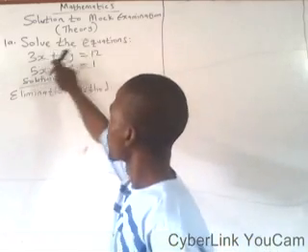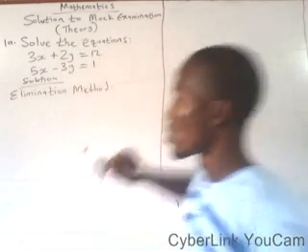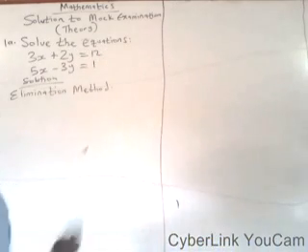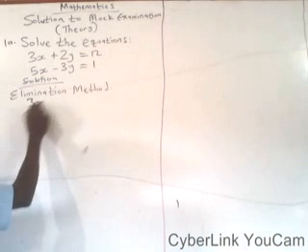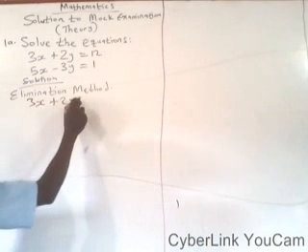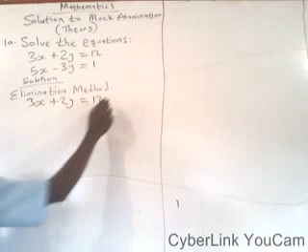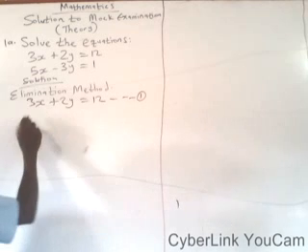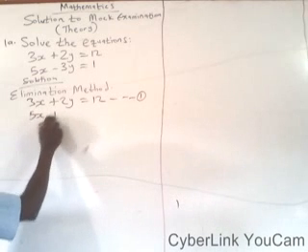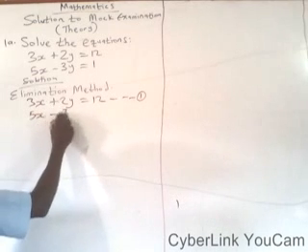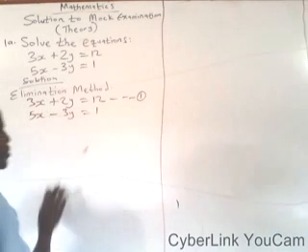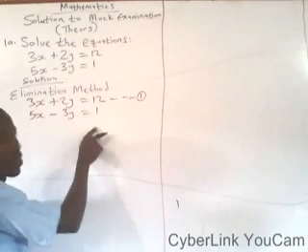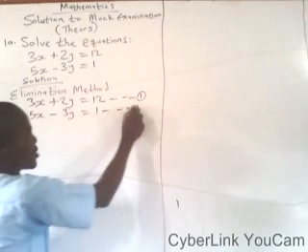Now we have 3x plus 2y is equal to 12. I am going to consider this as my equation 1. We also have 5x minus 3y is equal to 1. I will consider this one as my equation 2.